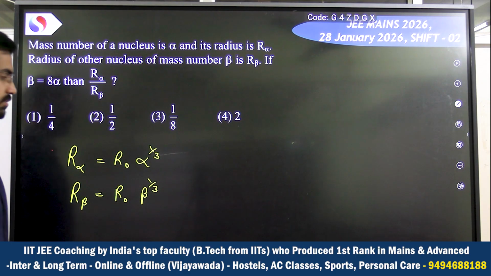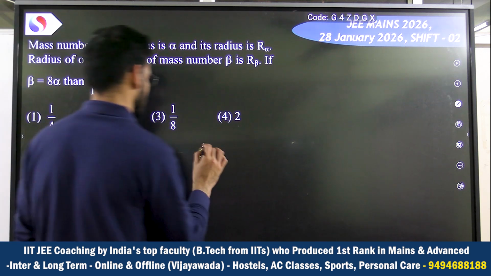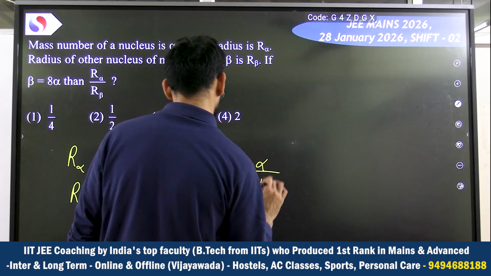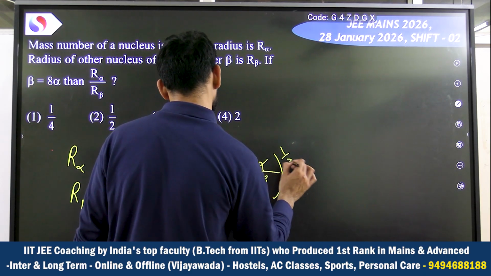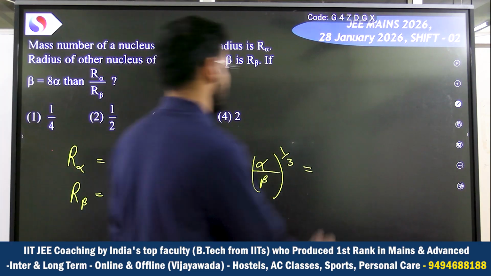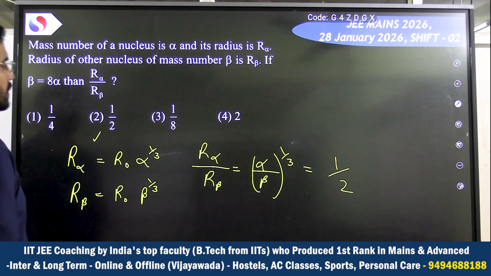Mass number to the power 1 by 3 comes. So if he wants r alpha by r beta, divide. So r alpha by r beta will be alpha by beta to the power 1 by 3. Alpha by beta is 1 by 8. So 1 by 8 to the power 1 by 3 is 1 by 2. So the answer is 1 by 2, the second option.